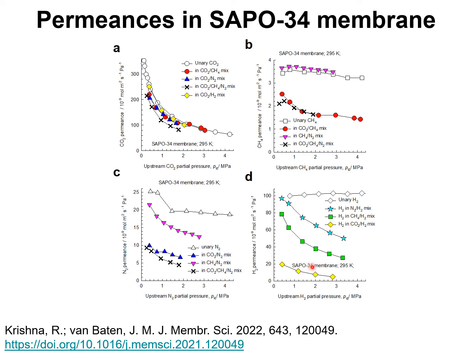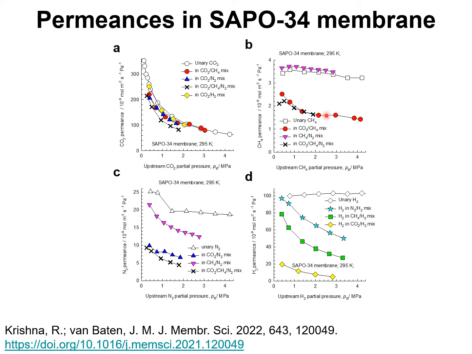For nitrogen and hydrogen, for example, the component permeances for unary systems are significantly higher than the component permeances in mixtures. For methane, the component permeance of methane is higher than in mixtures with carbon dioxide and in a ternary mixture of carbon dioxide and nitrogen. But in a binary mixture of methane and nitrogen, the component permeances of methane are practically the same.